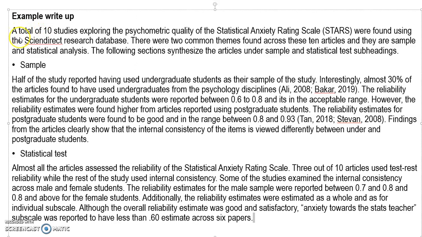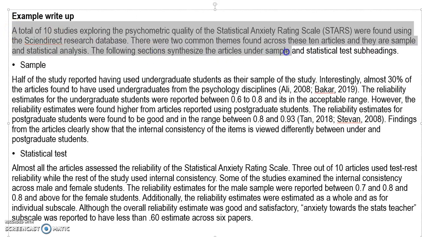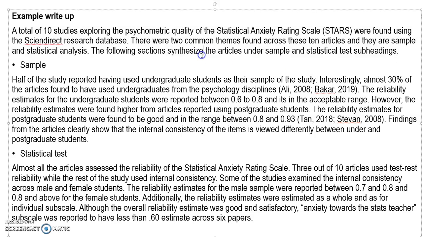Here, I'm starting with an introduction. So, a total of 10 studies, blah blah blah, until the statistical test subheadings is an introduction to the literature review. Here I am specifying how many studies I have used, what I am looking for, and what research database I have used.